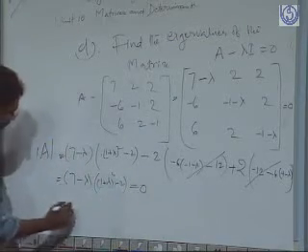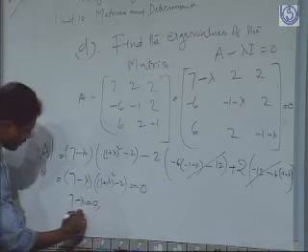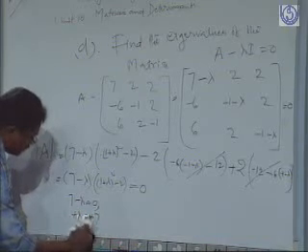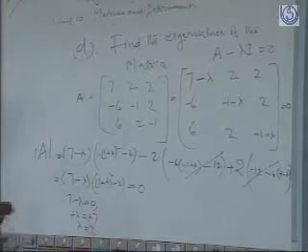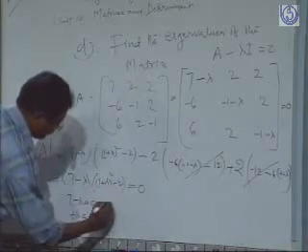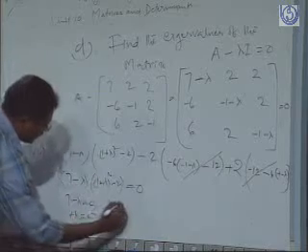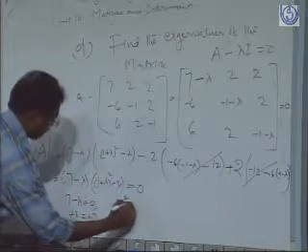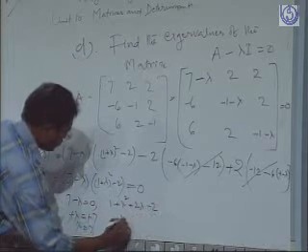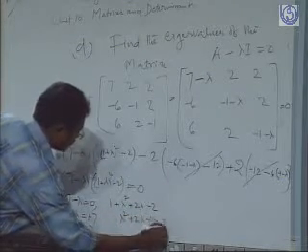One value: 7 minus lambda equal to 0, that is lambda equal to 7. For the other factor, expanding the whole square, we get lambda square plus 2 lambda minus 1 equal to 0.